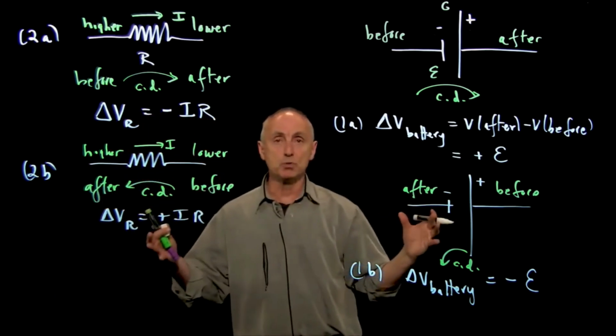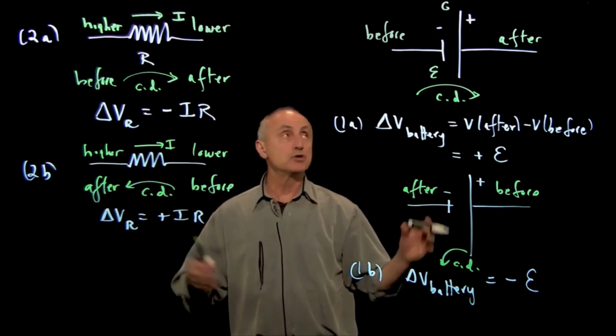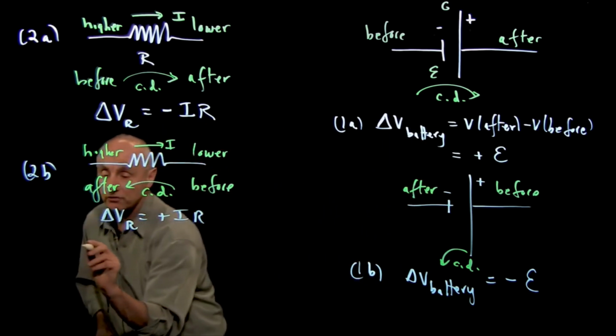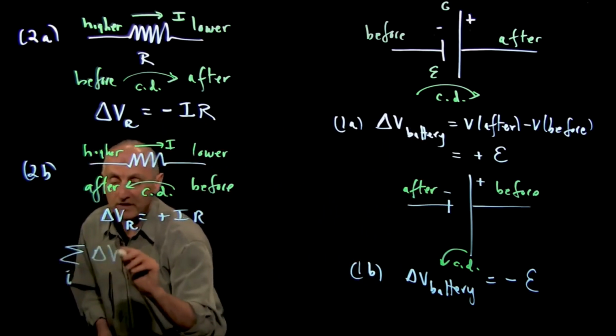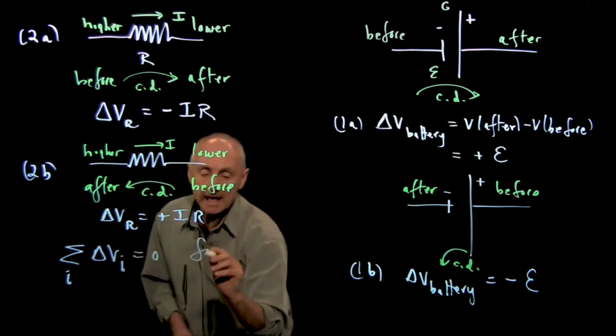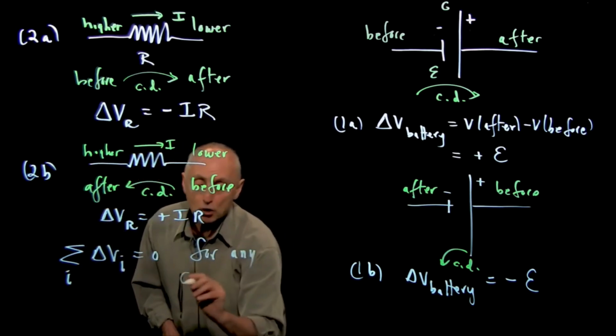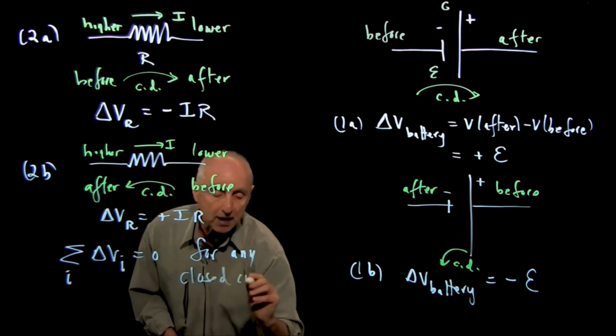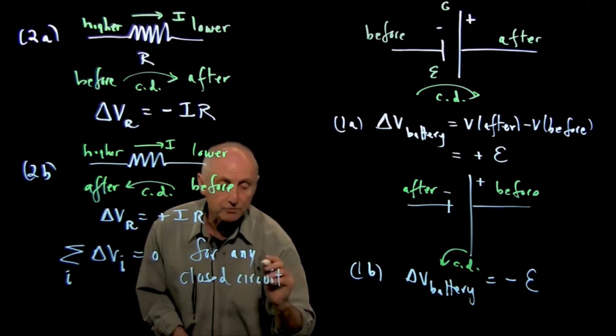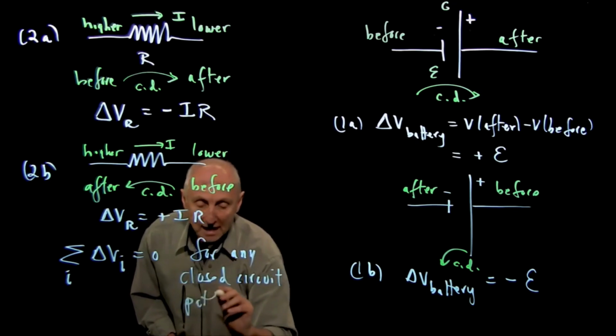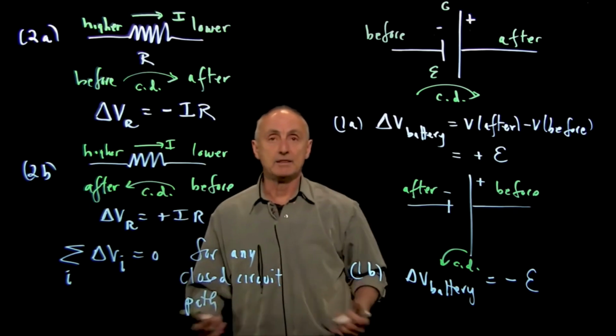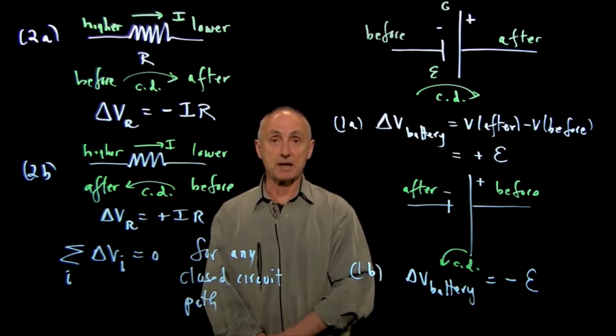And so these two rules are enough to apply Kirchhoff's law, the sum of delta V_i equals 0, for any closed circuit path that just involves batteries and resistors, and that's what we'll work out next in an example.